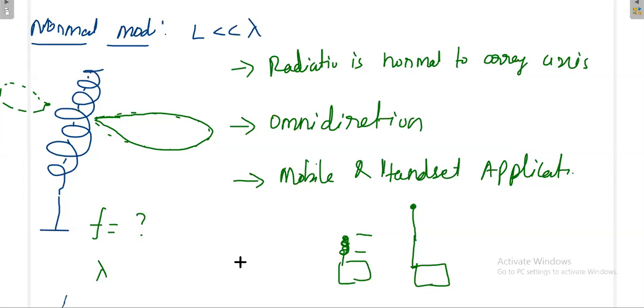If you want to use a monopole or dipole antenna, you have to use at least lambda by 4 or lambda by 2. Say it comes around 10 centimeters. If I make the same 10 centimeters into a spiral, effectively I can complete it in around 3 or 5 centimeters.